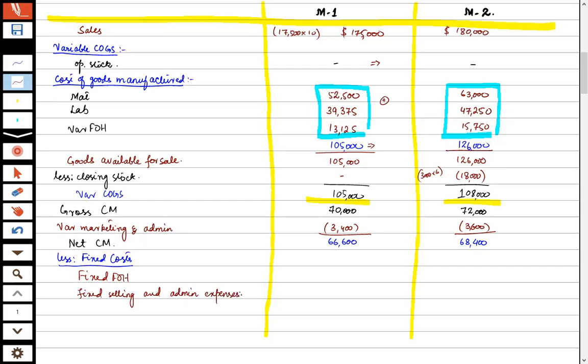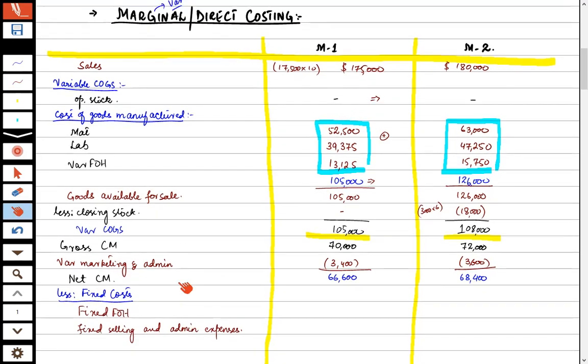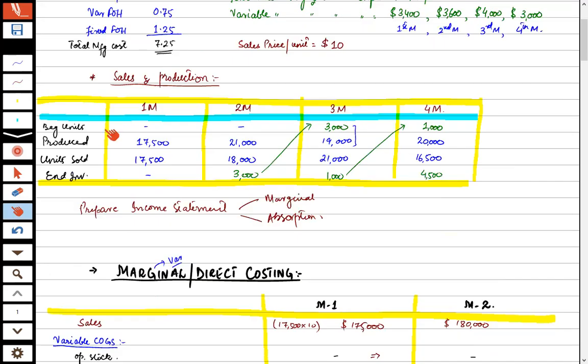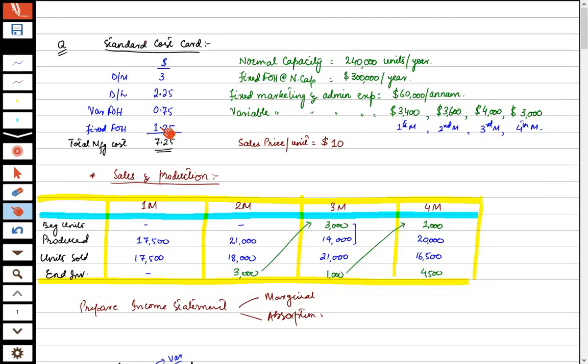Now what about fixed FOH? Fixed FOH is treated as a period cost, expensed out. So the expense would not be as per the manufacturing rate, because if we apply that rate, then it will be the manufacturing cost.